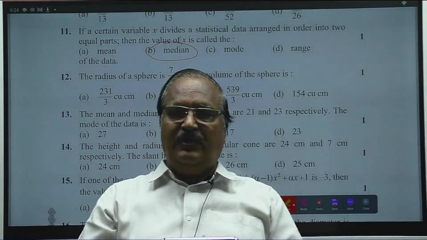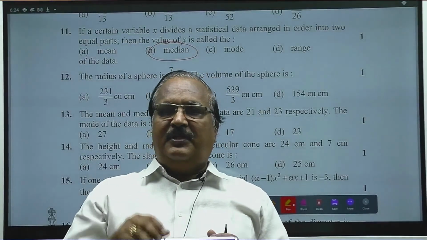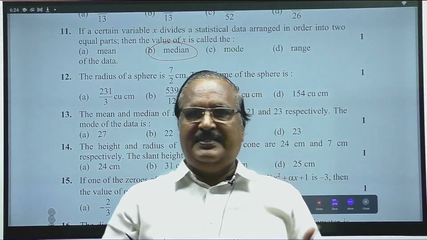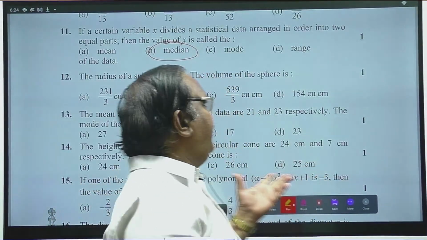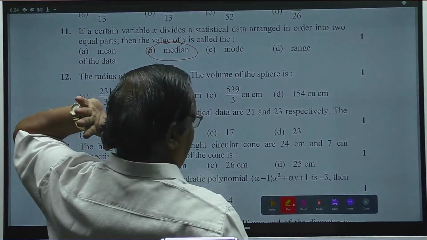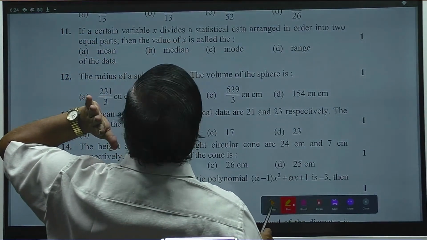You take the middle value. So if there are 60 numbers, 60 by 2, that means 30. So median will be the answer. Then let us go to one more question.